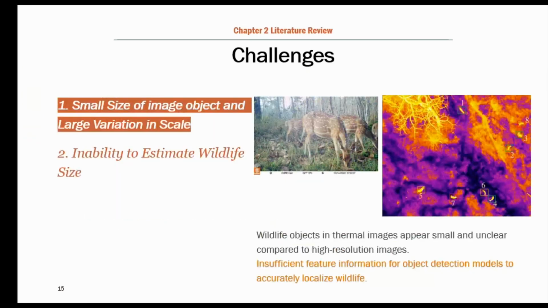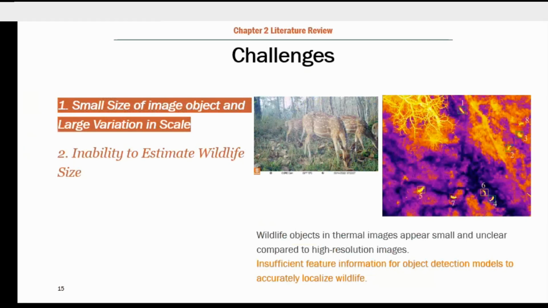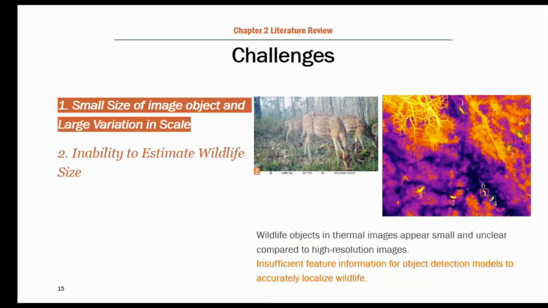The first challenge is that the smaller size of animal objects in thermal images means it is difficult to provide enough visual information for current object detection models to accurately localize their positions and identify their species.